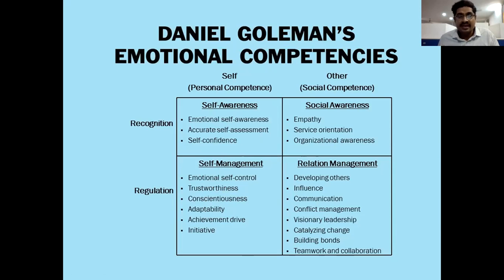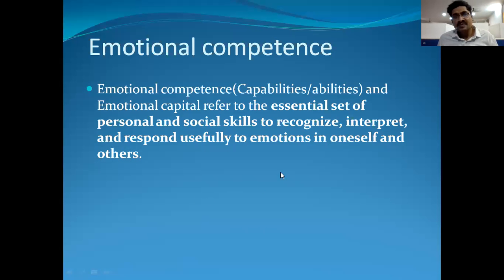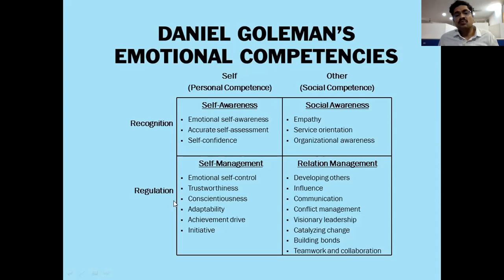Trustworthiness is another way to regulate, interpret, or respond, to develop and have control upon our emotions. And next, conscientiousness, adaptability, and achievement drive. Next, initiative. These are a few more techniques to manage ourselves.